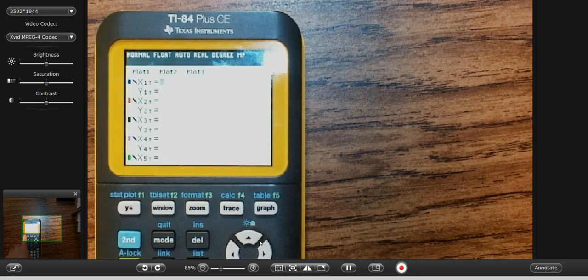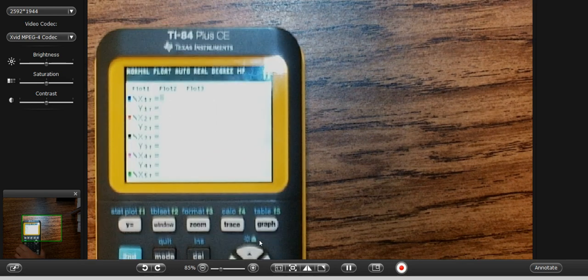When you go to y equals, things look different. You see x1t, y1t, those kind of things.